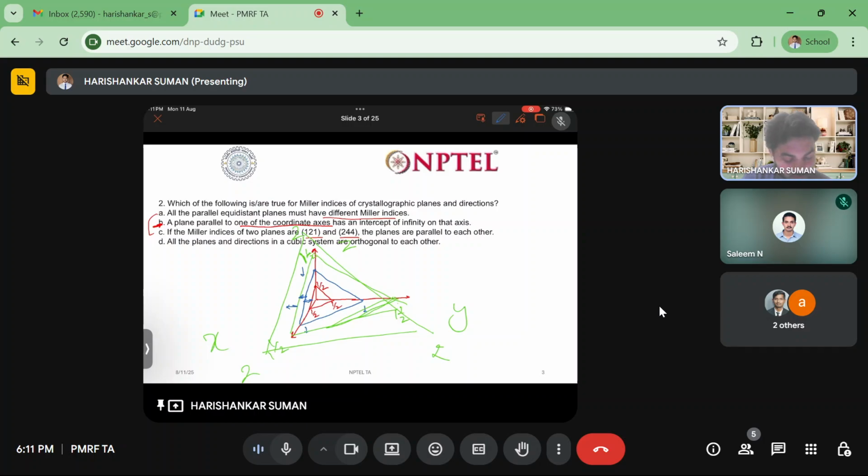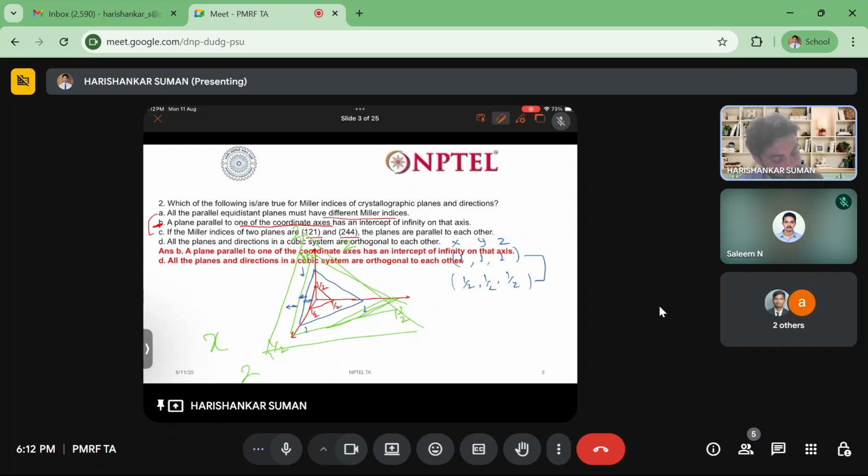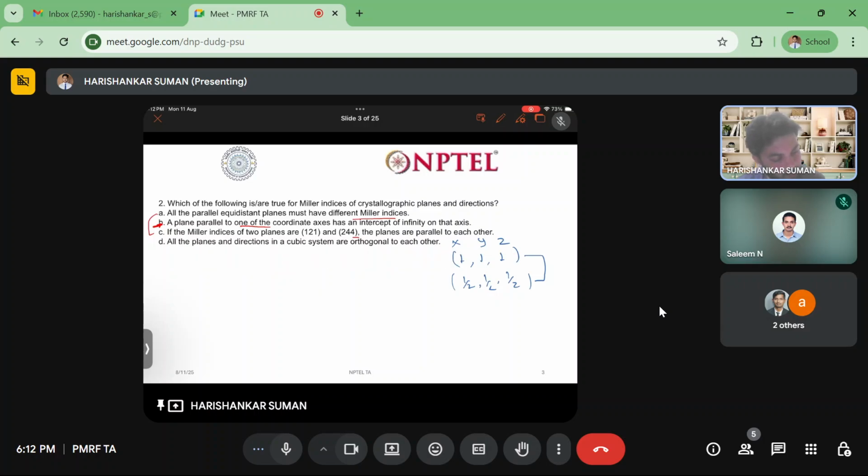Okay, so what is the option now? All the parallel equidistant planes must have different Miller indices. So try to solve. Let's say one is 1, 1, 1, with these x, y, z axis intercepts, and one is half, half, half. Then check the Miller indices of these two. Please find out. Try to convert into Miller indices.